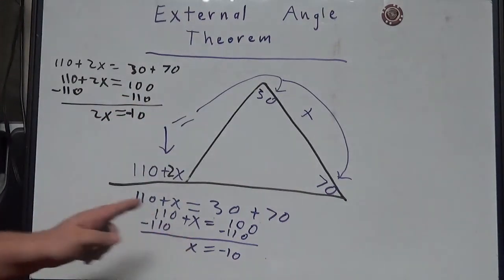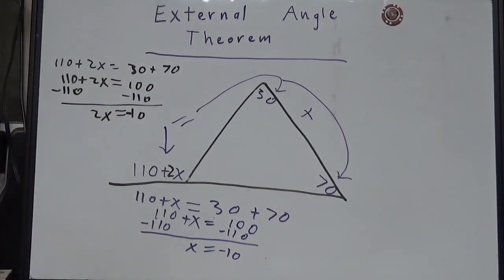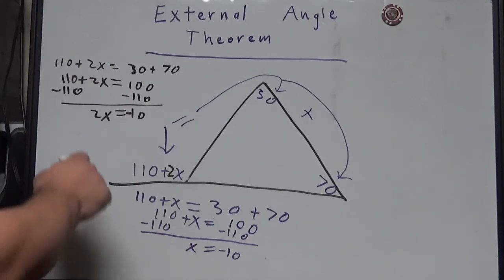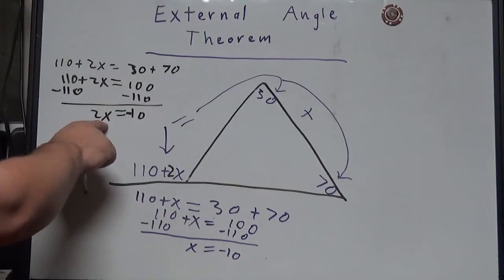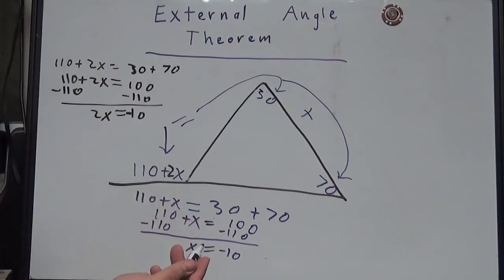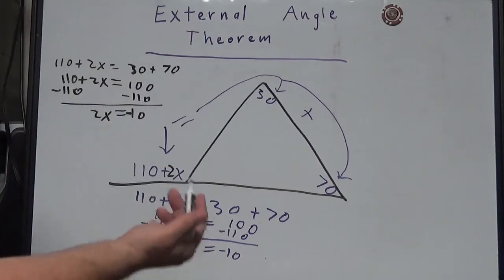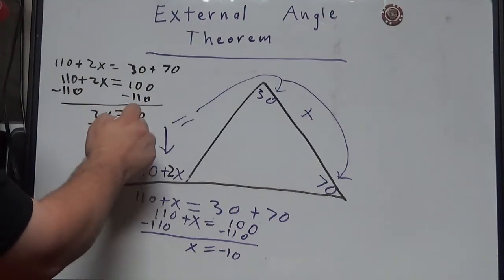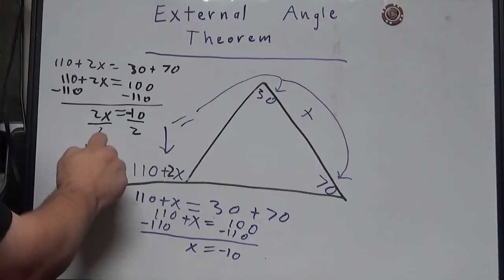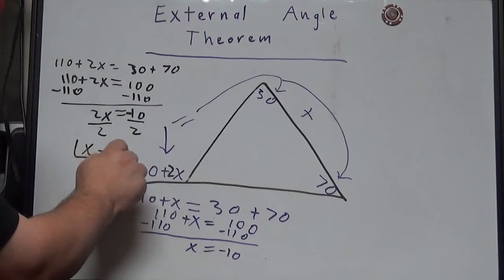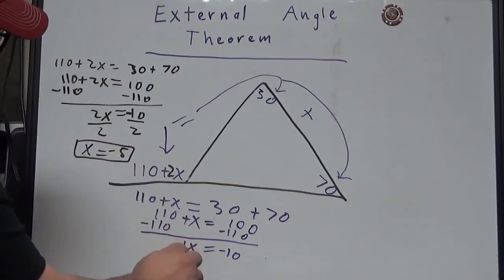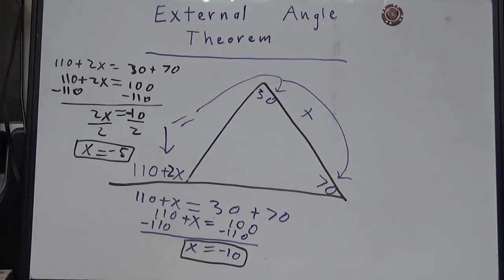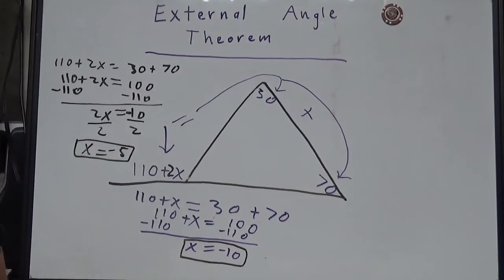Now instead of x equals negative 10, we have 2x equals negative 10. The only difference now is it's a two-step equation, so we have 2 times x, but the opposite of multiplication is division, so we divide each side by 2. Here we would get x equals negative 5. I'm going to box that in. So, anyway, that's really all there is to it.